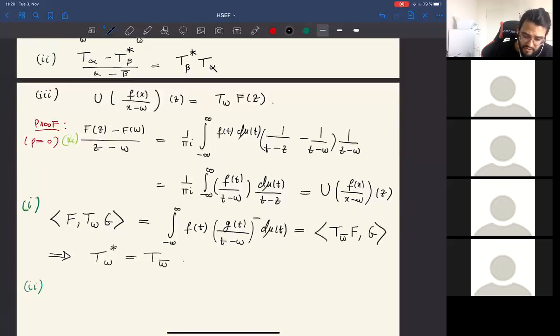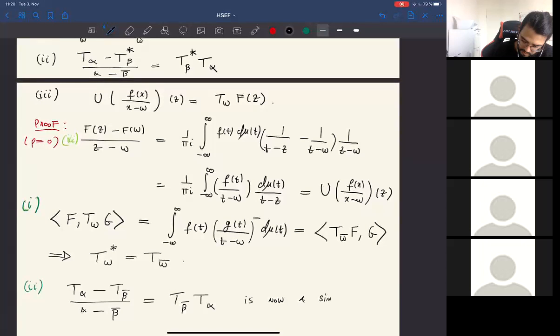Now 2 just trivially follows from 1, because T alpha minus T beta star is just T beta bar divided by alpha minus beta bar. You just take any function, apply this operator, and do a computation, and you will see that it will be exactly as composing this thing. And this is a simple computation.